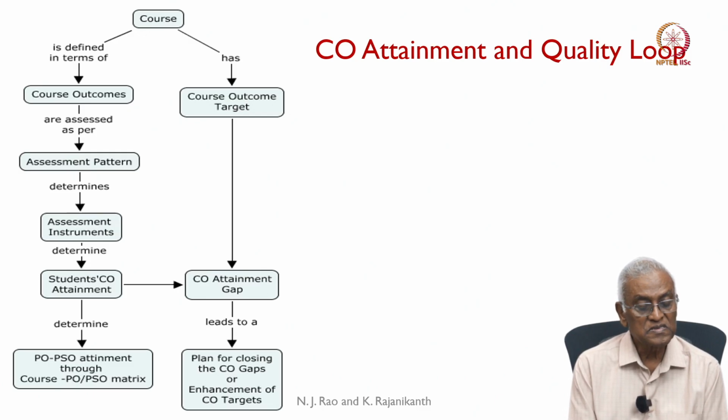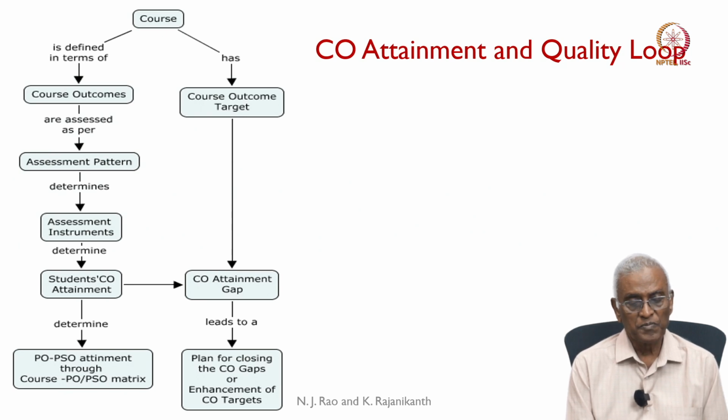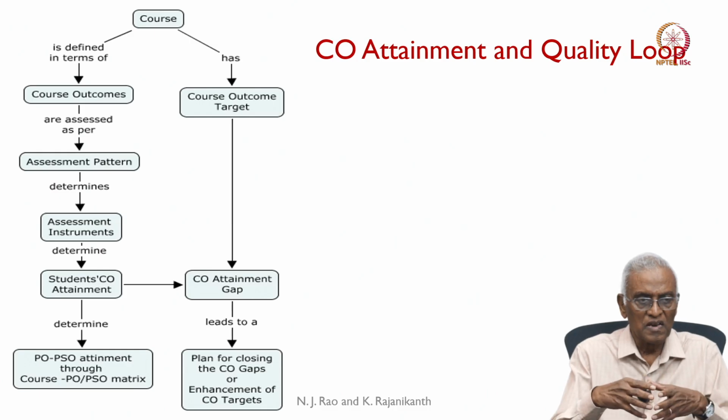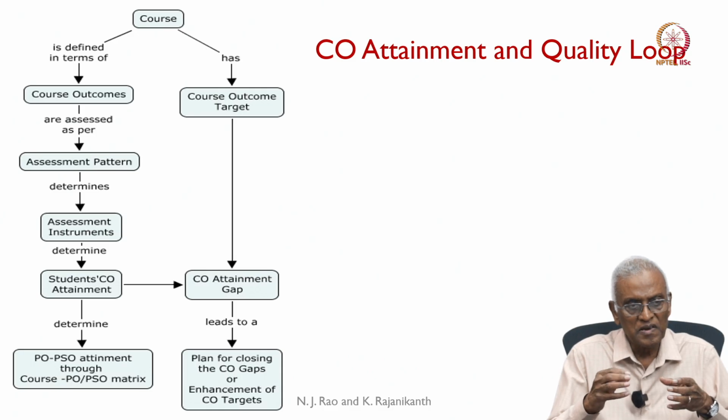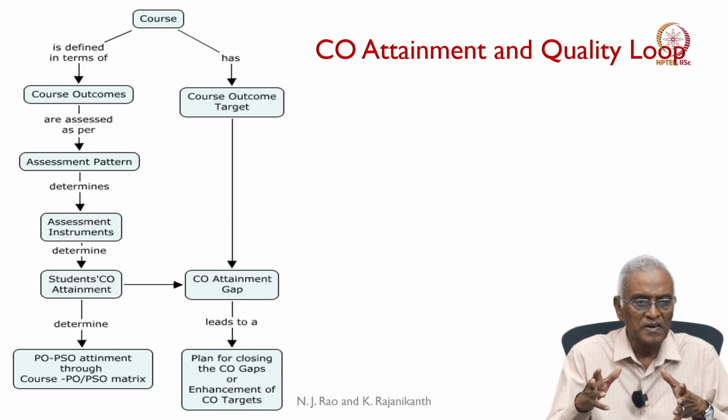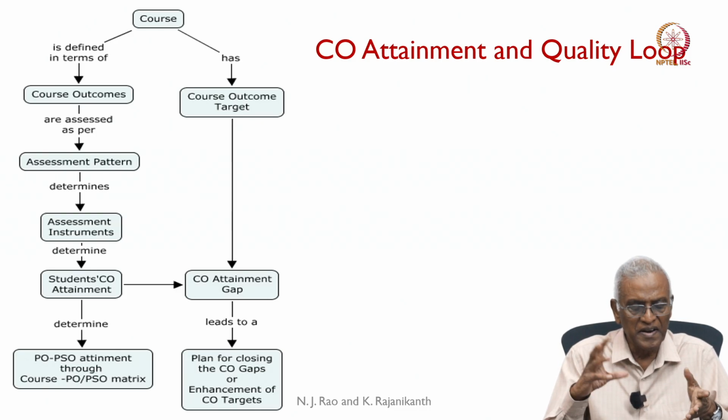And that determines the student CO attainment. That means the students have responded. The instructor will look at the response of the students and then give a grade or a mark to each one of them, and you put it all together and convert it into a percentage mark or a grade.